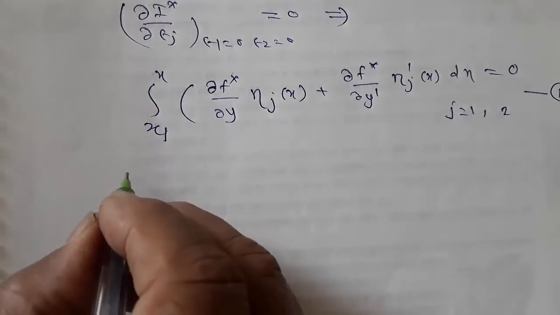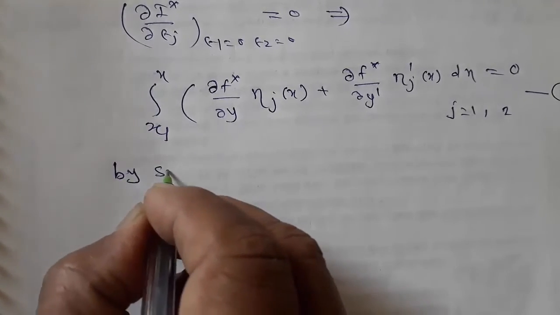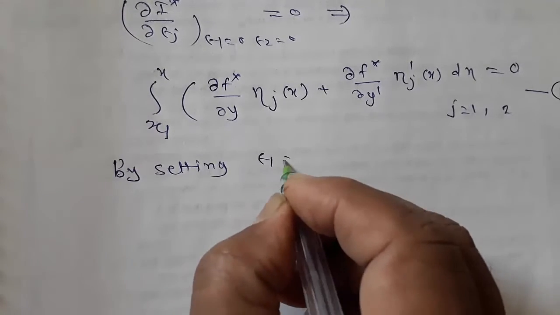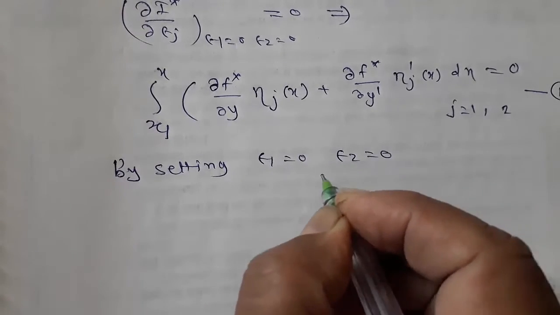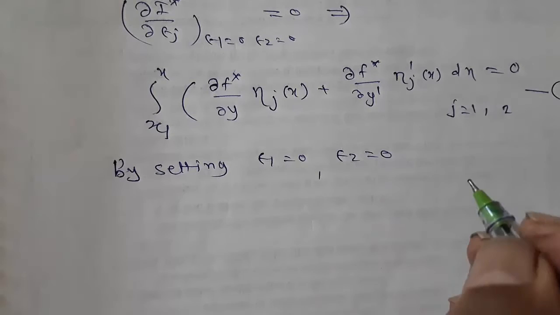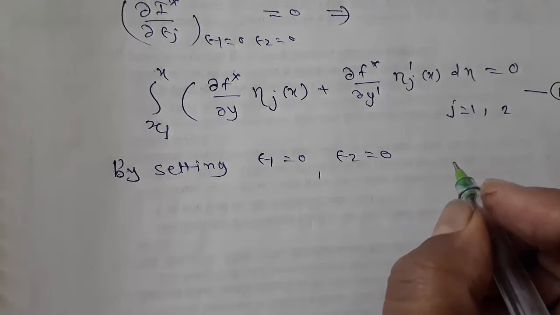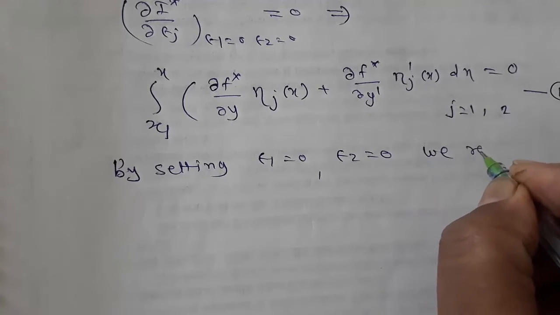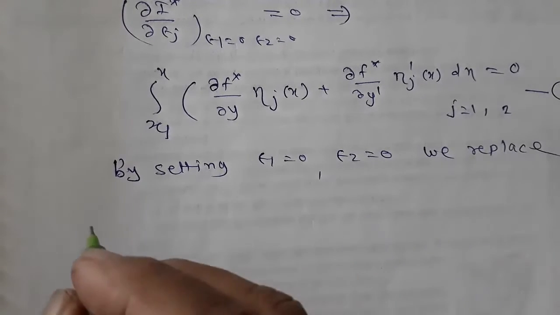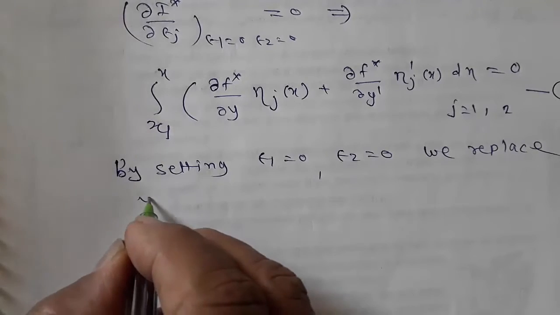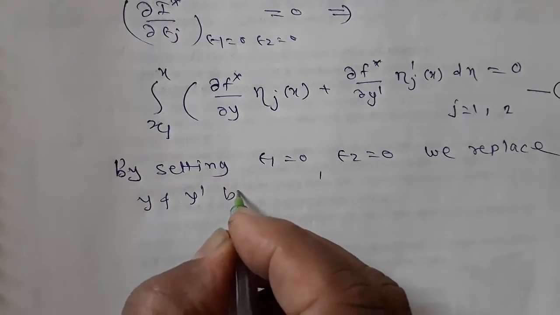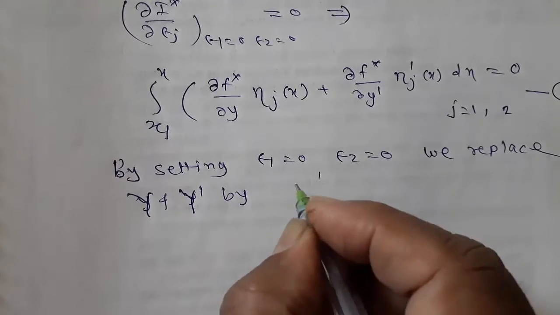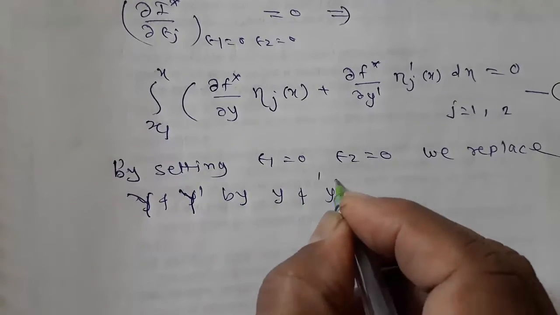By setting epsilon 1 equal to 0, epsilon 2 equal to 0, we replace capital Y and capital Y dash by y and y dash.